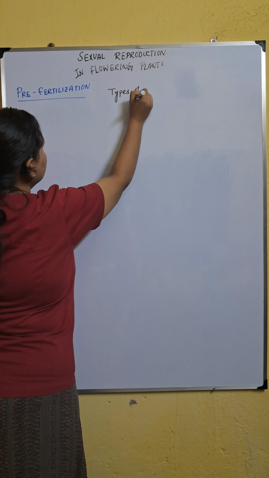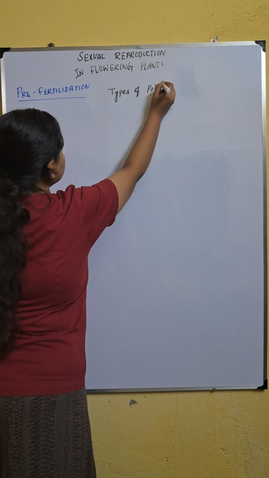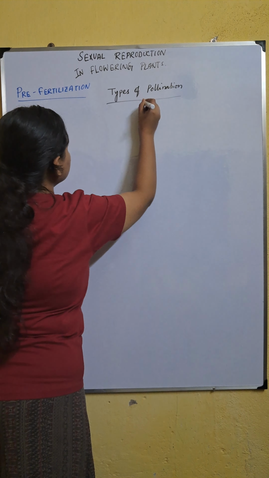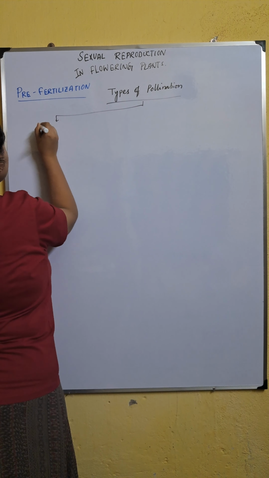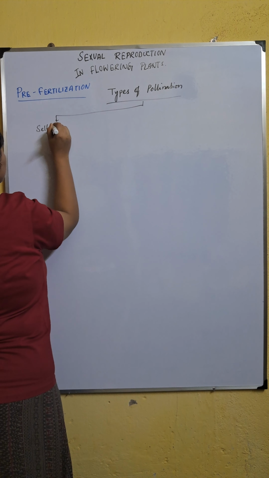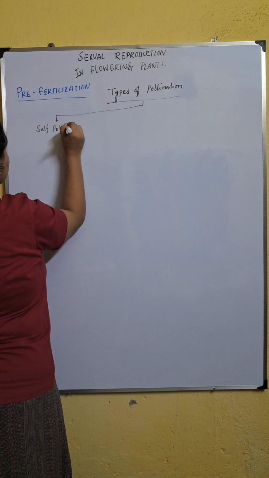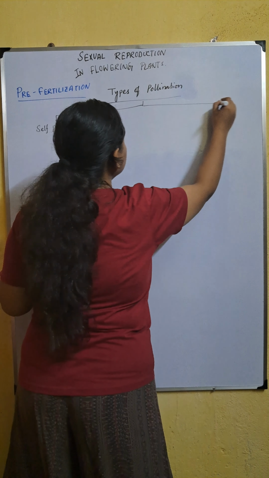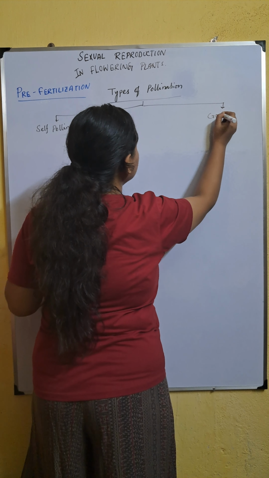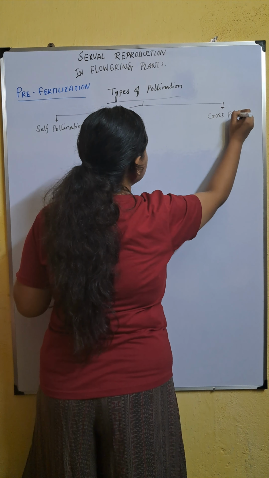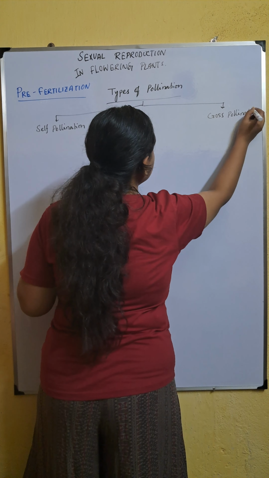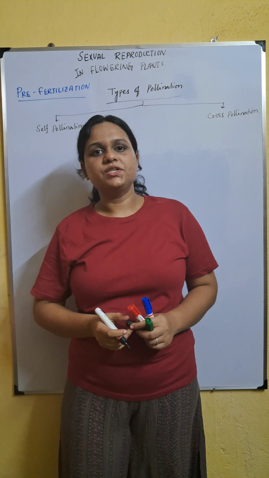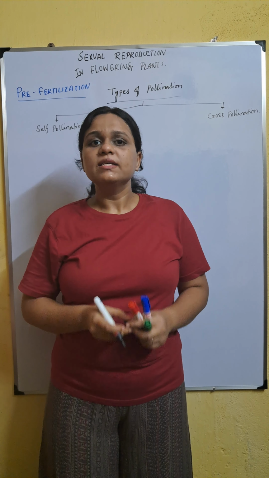Types of pollination: self-pollination and cross-pollination.